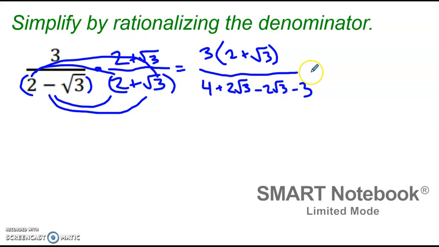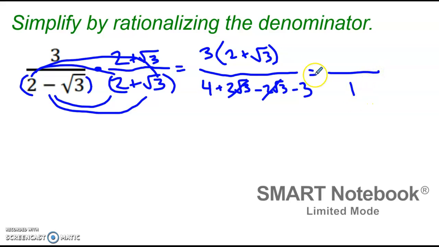Now the reason why this works so nicely is because you'll see that the terms in the middle always drop out. Whenever you multiply a difference, this is just like a difference of squares. Whenever we multiply this positive 2 root 3 and negative 2 root 3, the terms in the middle will always drop out. So all we're left with is 4 minus 3, which is 1.